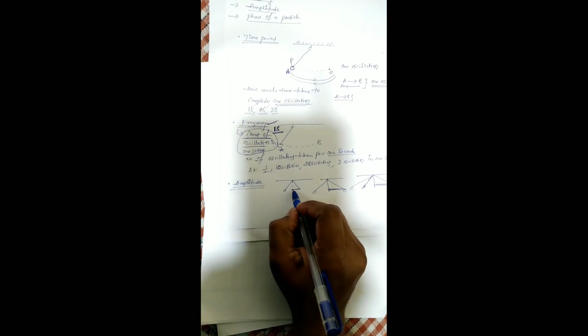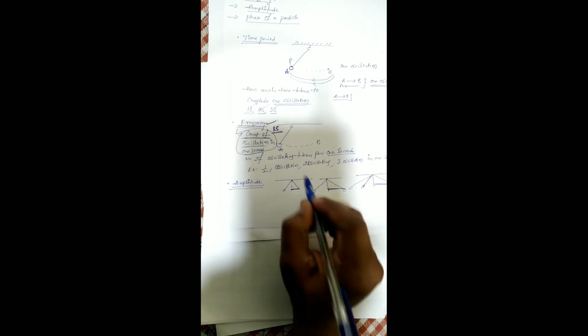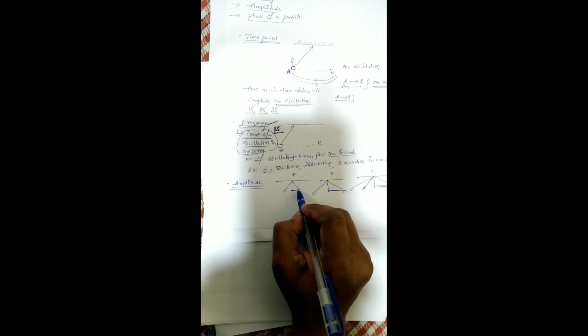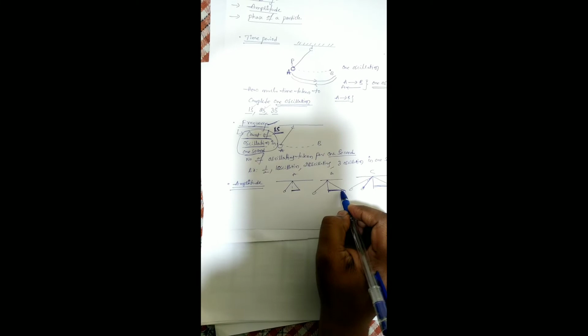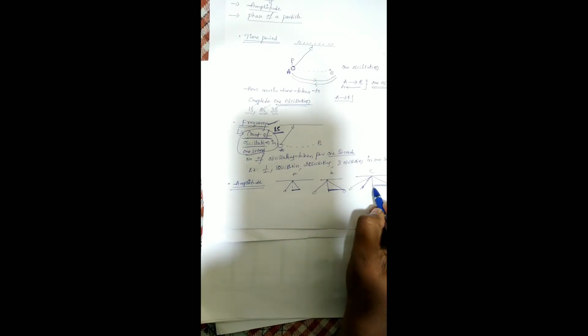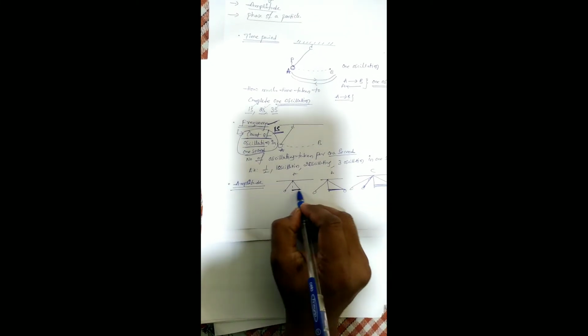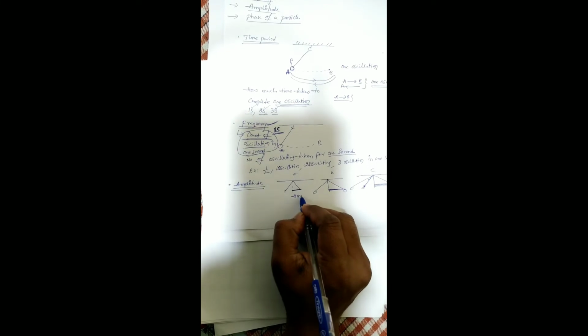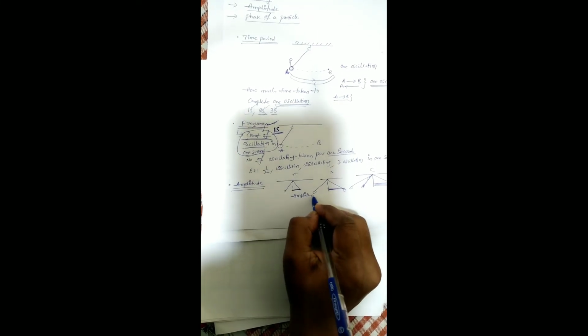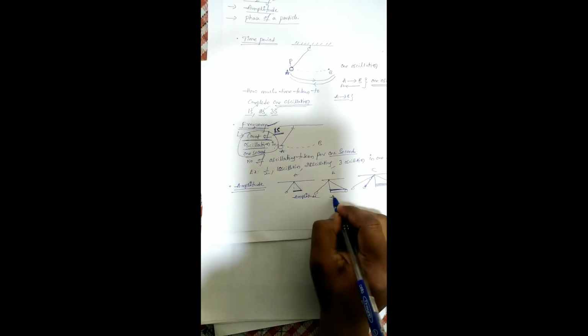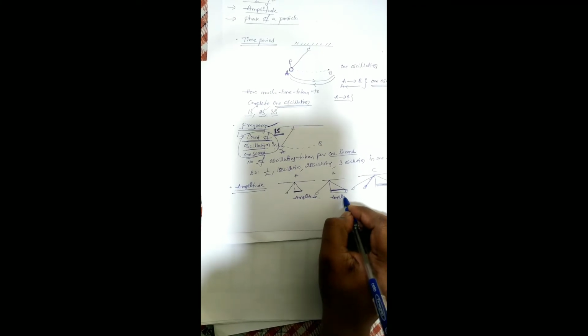Here a small length, suppose A, B, C. A is a small length compared to B, and B is a small length compared to C. This displacement we are calling amplitude. Here also amplitude, here also amplitude.